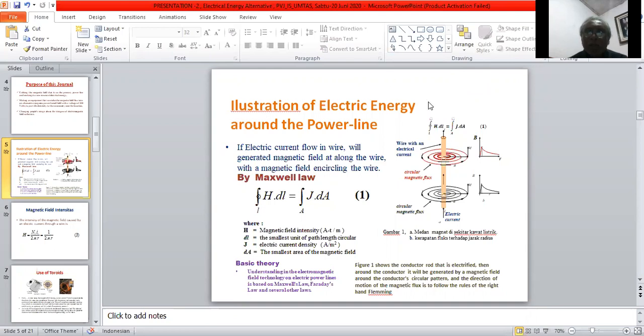Like in figure 1, one conductor with an electric current flowing in it generates a magnetic field around the wire in circular lines of force.